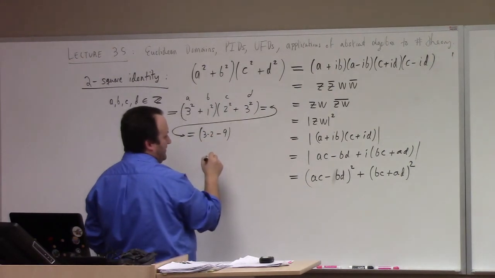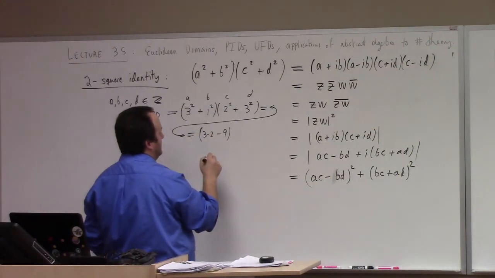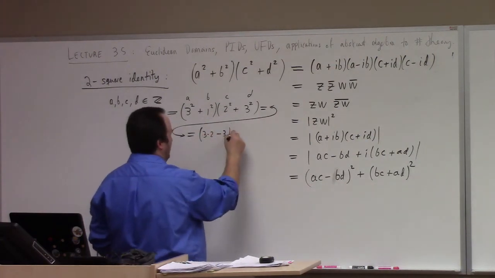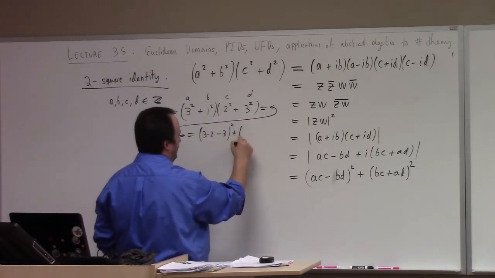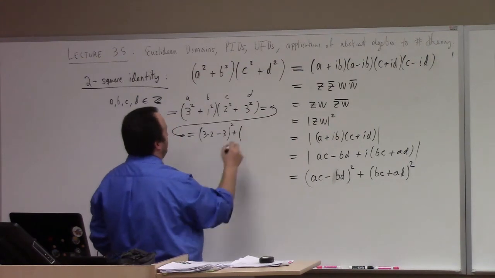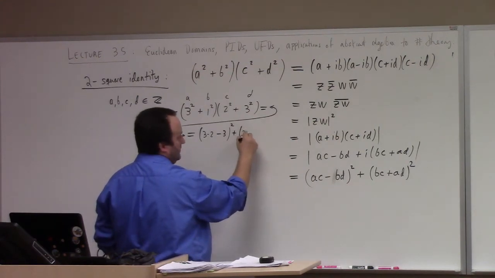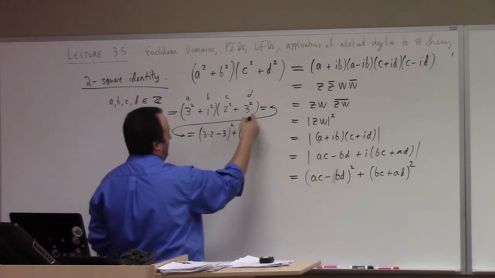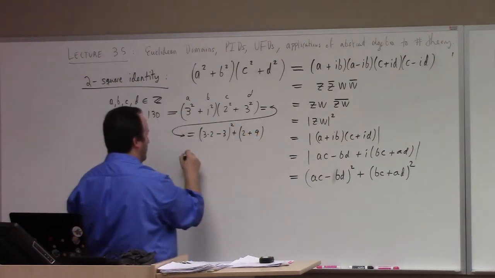Is that minus B times D? This is 3, isn't it? Plus then what? Squared. BC is 2 plus AD is 9, right? So what's that give us?